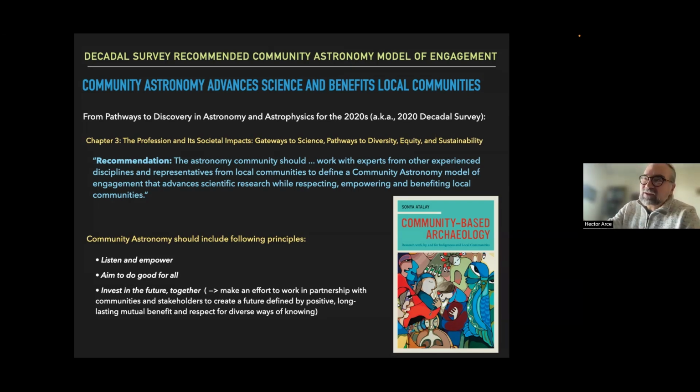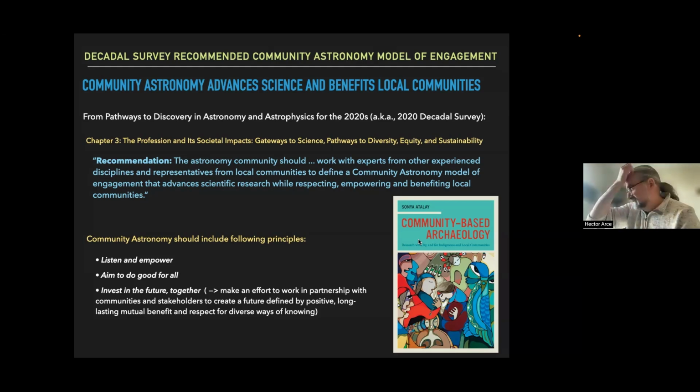One of the recommendations was that the astronomy community should work with experts from other experienced disciplines, such as archaeology, and representatives from local communities to define what they call a community astronomy model of engagement that advances scientific research while respecting, empowering, and benefiting local communities.